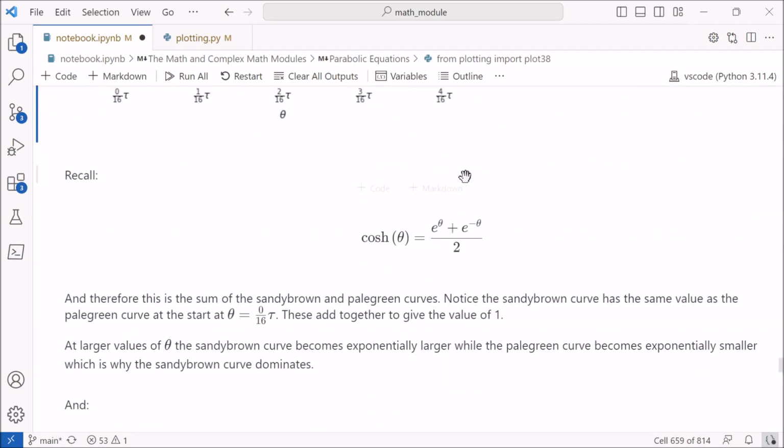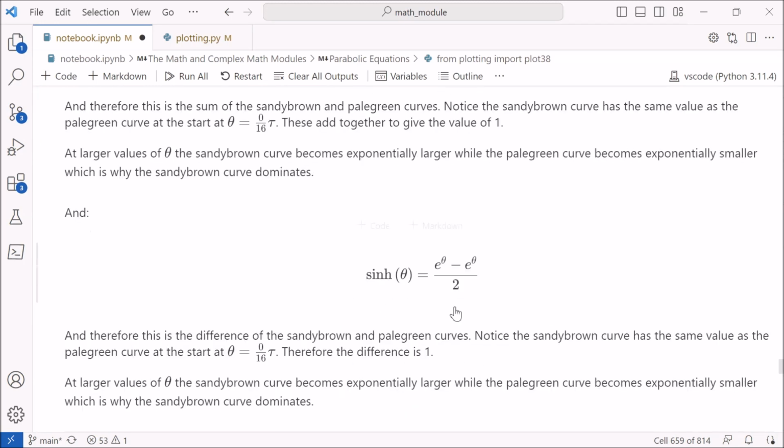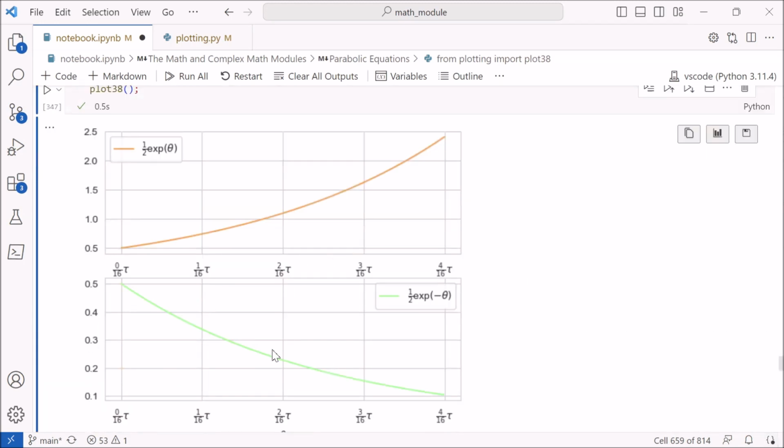So that's the cos hyperbolic function, and the sine hyperbolic function. You've essentially got the difference between these. So the difference between this and this is going to be 0, and then as this exponentially increases, and this has less and less effect, the effect of this being pulled down by this is going to become negligible.